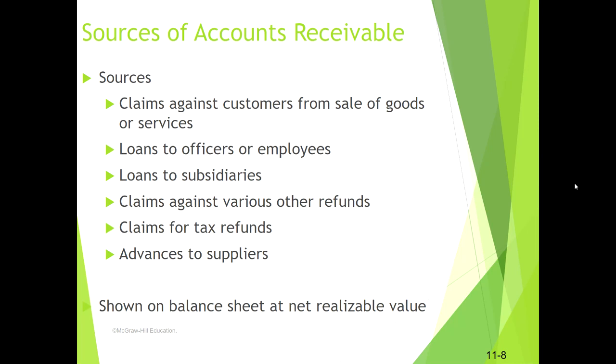So there are other ways in which you can get accounts receivable, but clearly the one from customers is the most common. And AR on the balance sheet is usually shown at net realizable value. Oftentimes the allowance, if it's not shown in the columns itself, is usually shown parenthetically, within parentheses, when presenting accounts receivable.